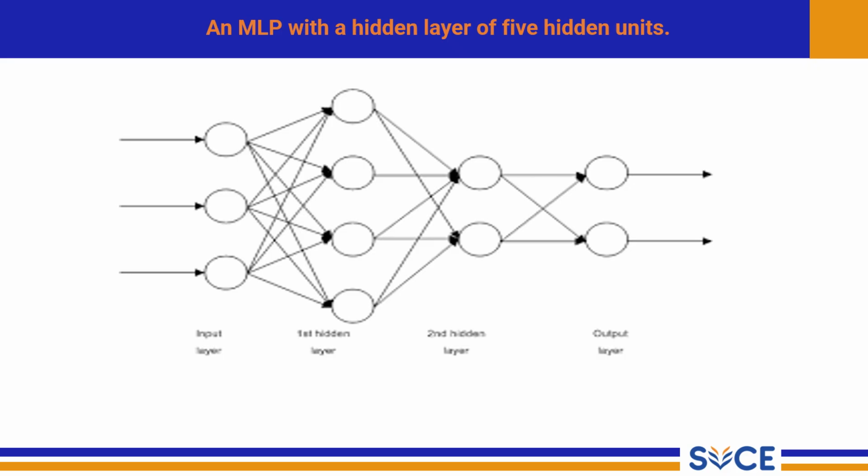To strike the right balance, we use model selection, like choosing the right architecture and complexity. This involves testing different configurations and evaluating performance to find the best fit. So neural networks like MLPs, with their layered structure and non-linear capabilities, give us the flexibility to learn from data and make accurate predictions.